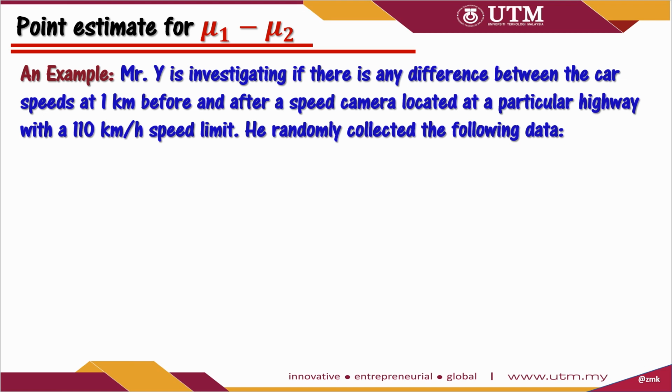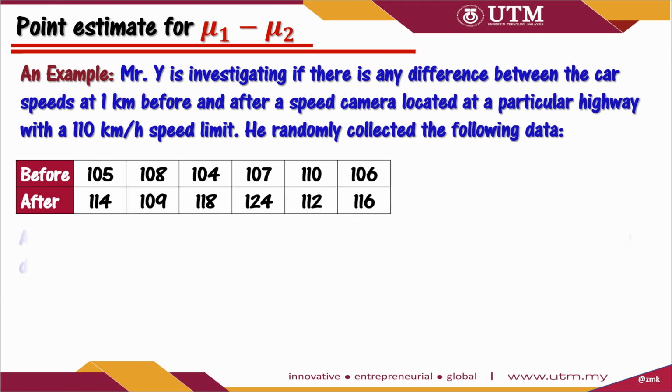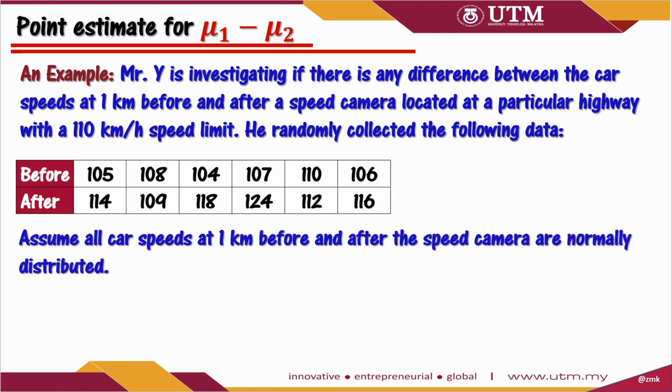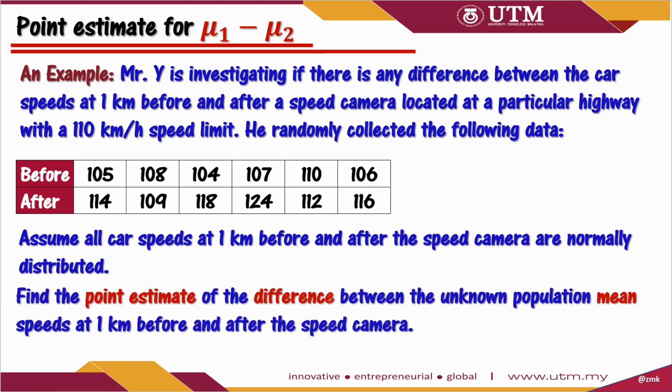He randomly collected the following data. Assume all car speeds at 1 km before and after the speed camera are normally distributed. The question is, find the point estimate of the difference between the unknown population mean speeds at 1 km before and after the speed camera.